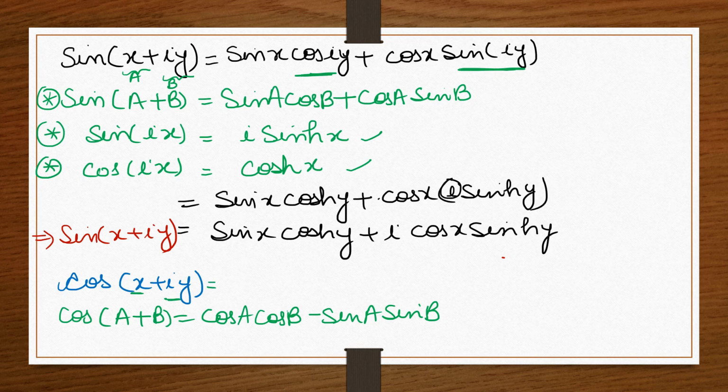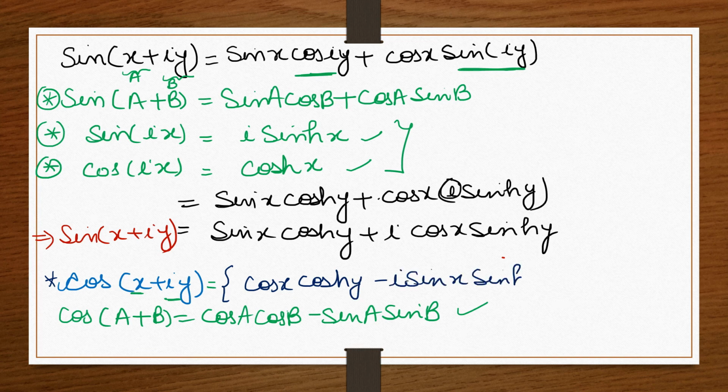So you can just apply this formula, and then you can use these two formulas and you will get the final answer which I'm going to write. But I want you to try this on your own. I'm not going to solve it completely, but I'll tell you the final answer. The final answer will be cos x cosh y minus iota sin x sinh y. Just apply this formula and after that apply these two formulas, you'll get this.